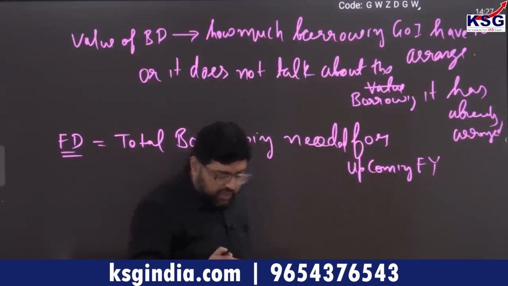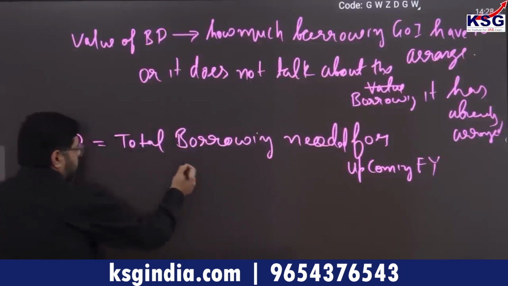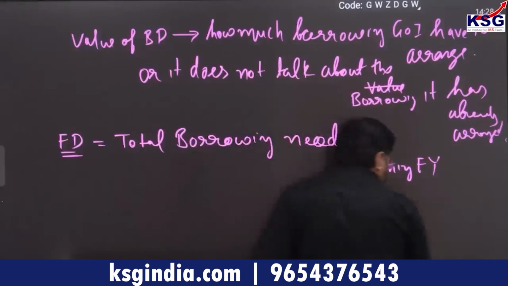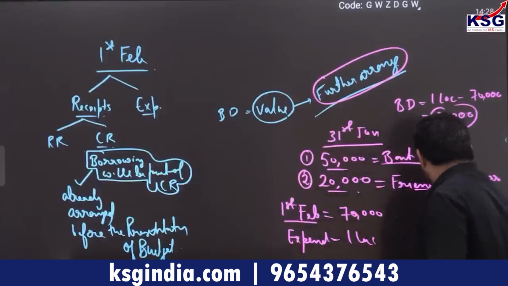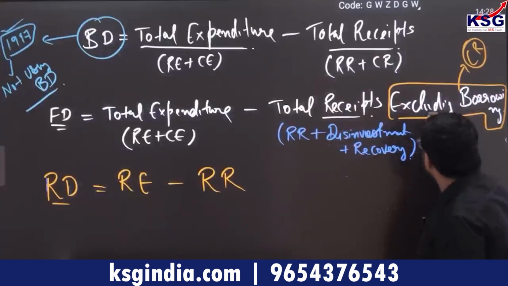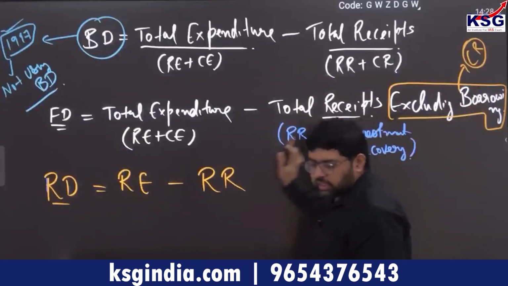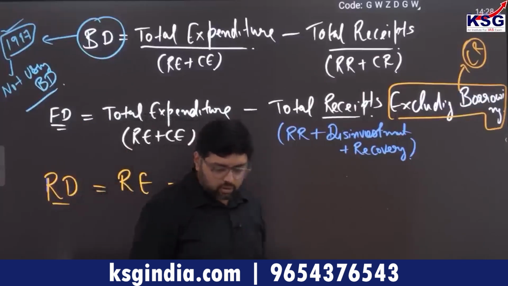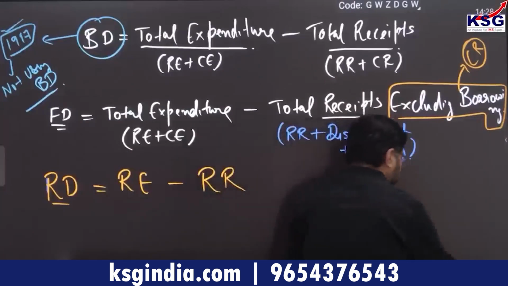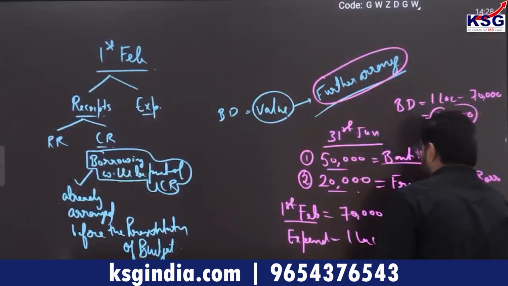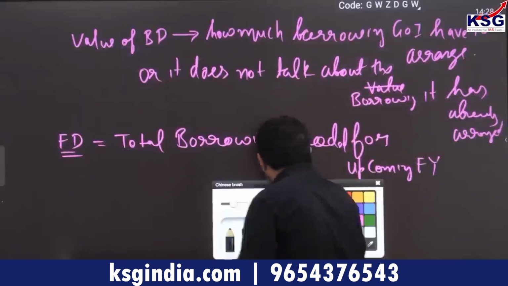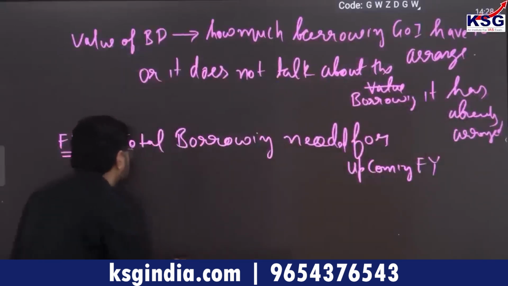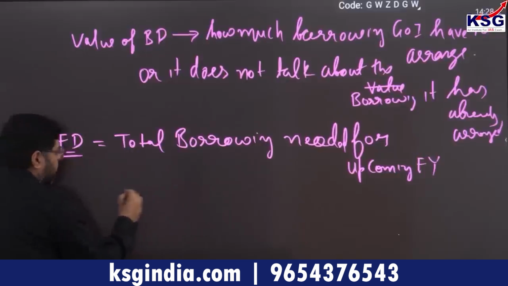Okay, so can I say that is why in this formula we exclude borrowing. Now, if you have understood this thing, can I write the relationship between FD and BD like this?